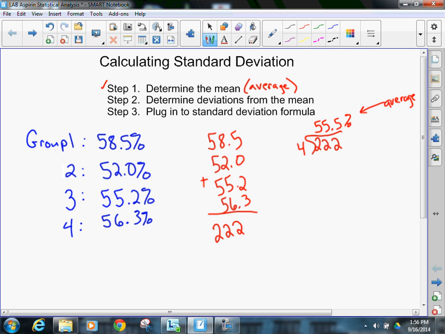All right. Then for step 2, we have to determine the deviations from the mean. What that means is you have to take your data point, your percent yield in this case, and figure out how far it is from the average. And we're going to do that for each of these groups.